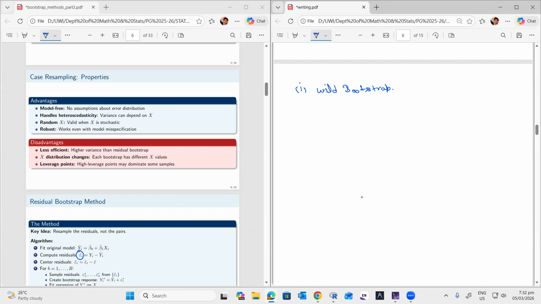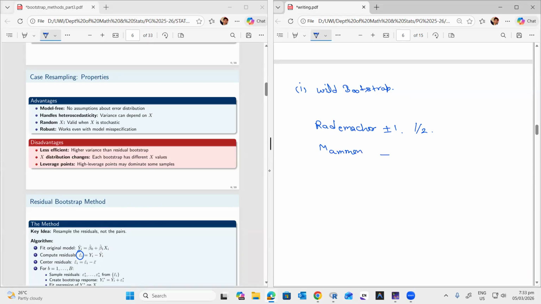There are two distributions that we assume for that: the Rademacher distribution that takes only two values, plus 1 and minus 1, with probability 1 by 2, and another distribution, the Mammen distribution.